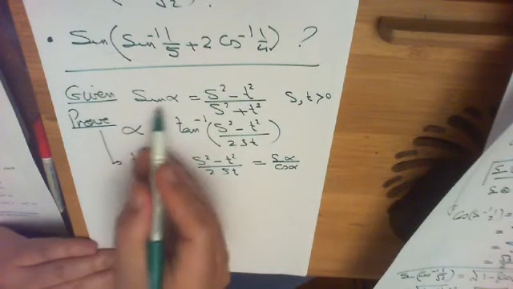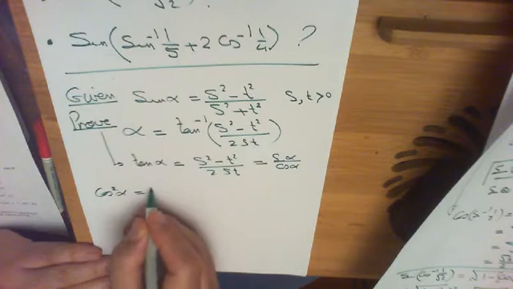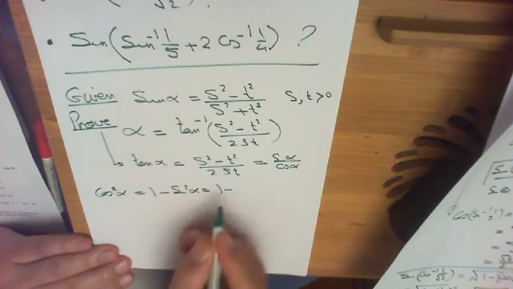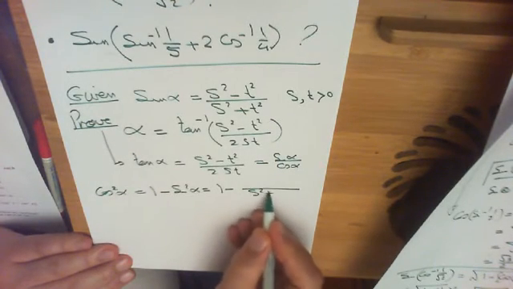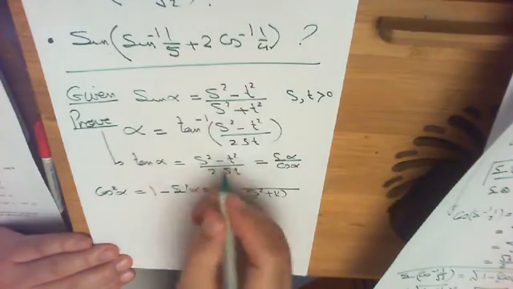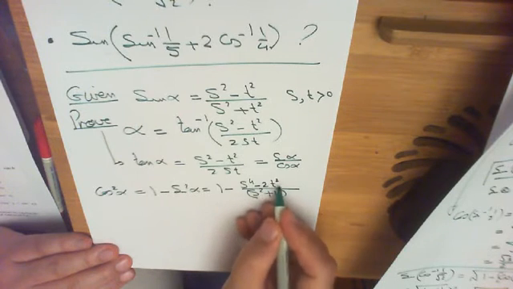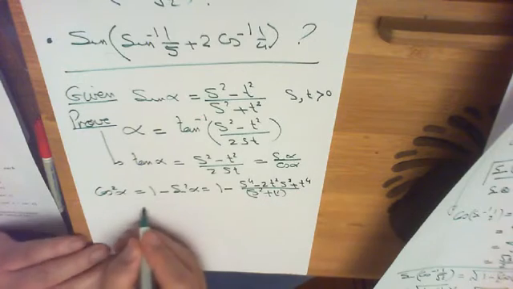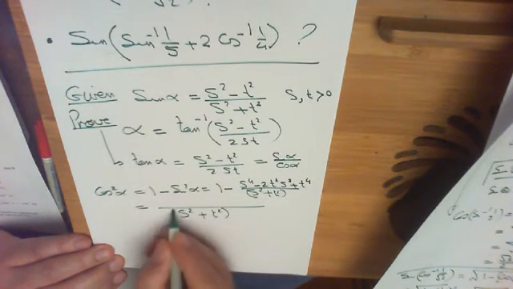Cosine squared alpha equals 1 minus sine squared alpha. So it is 1 minus squaring this. This squared is s squared plus t squared, and the numerator is s power 4 minus 2s squared t squared plus t power 4. Common denominator s squared plus t squared.